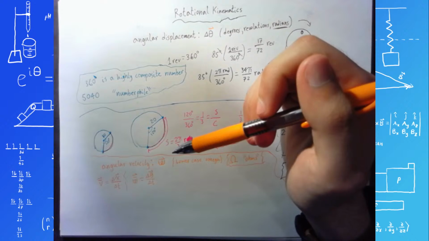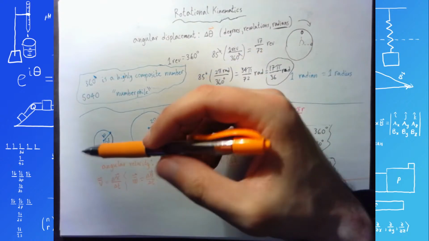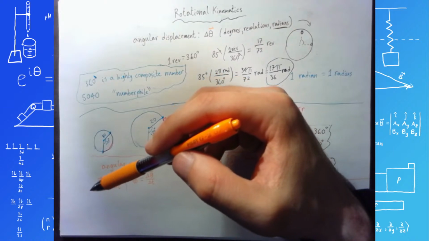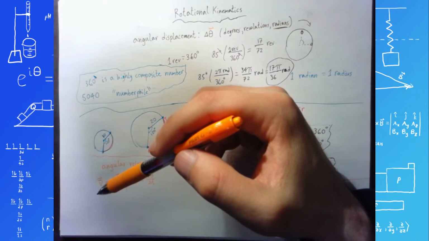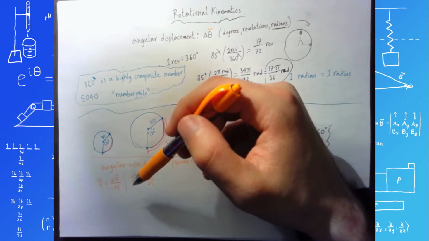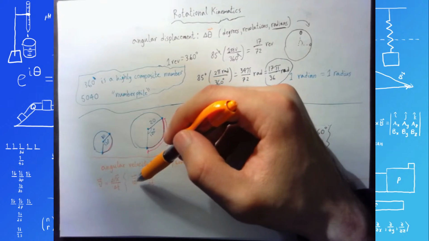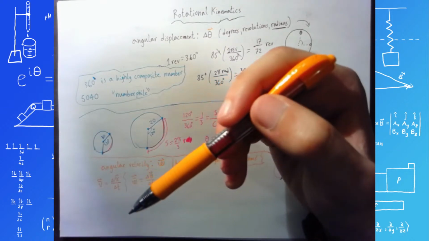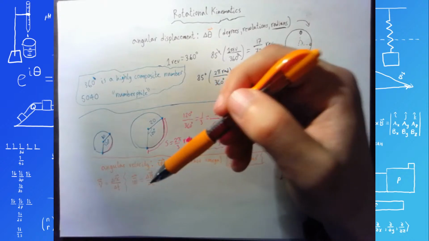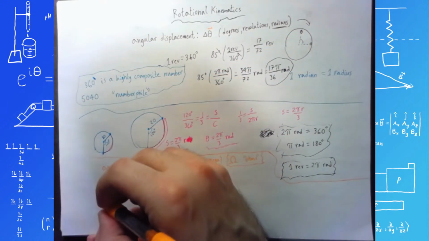And there's also constant and non-constant and average acceleration. So the same way you can have average and instantaneous and constant angular velocities, you can also have average, constant, and instantaneous angular accelerations.